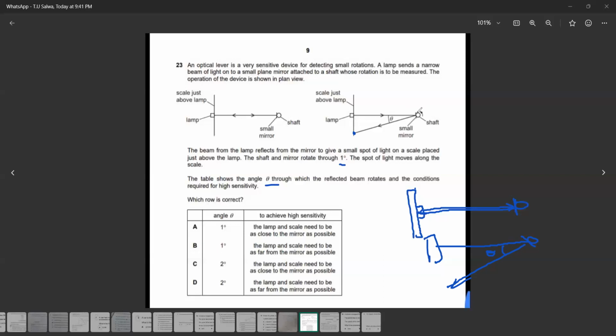So for this mirror, how much has the angle changed? Initially, the light was striking and bouncing back. Now it has rotated 1 degree from the original position. This is a rotation.